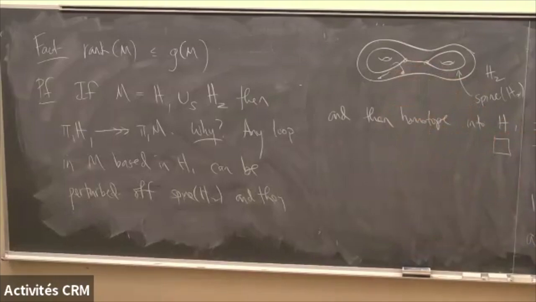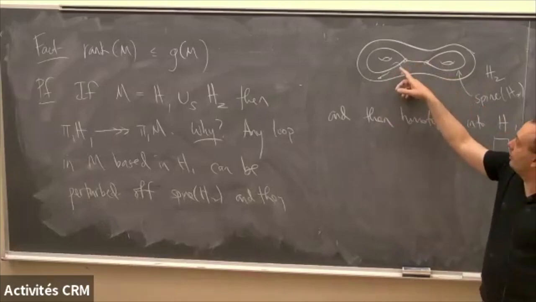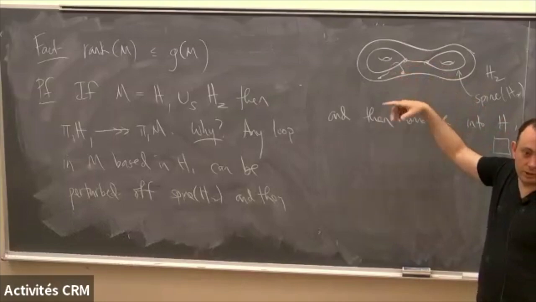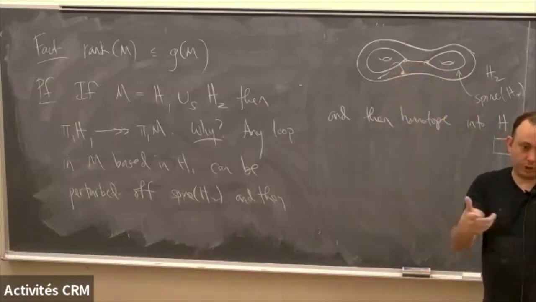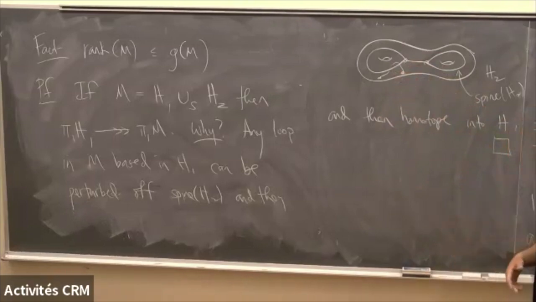You can miss the spine just because of dimension considerations. The spine is one-dimensional, this loop is one-dimensional, and so I can perturb it off, and now it misses the spine.